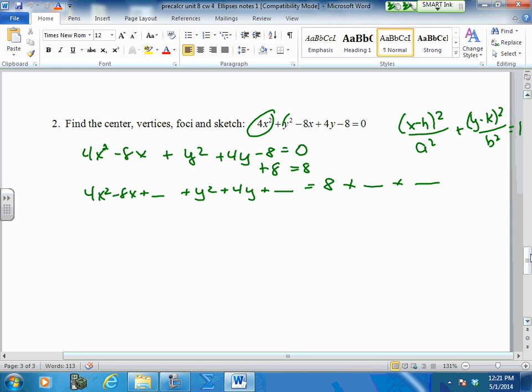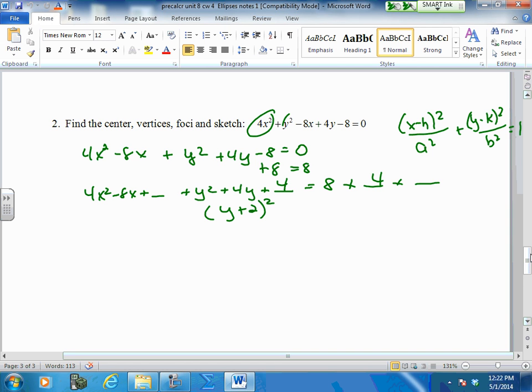Now I'm going to hit the y first, because the coefficient of y squared is 1, which we need it to be. So what's half of 4? 2. So to complete the square of y plus 2, what is 2 squared? 4. Now remember back when we were completing the square, my squared coefficient has to be 1.